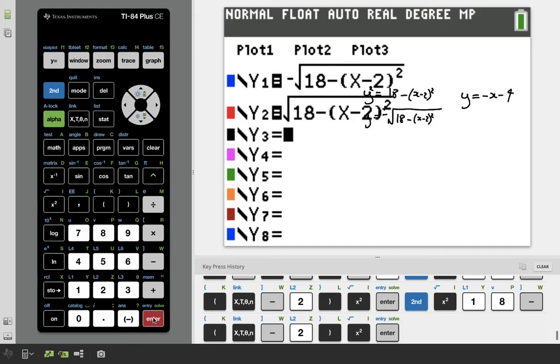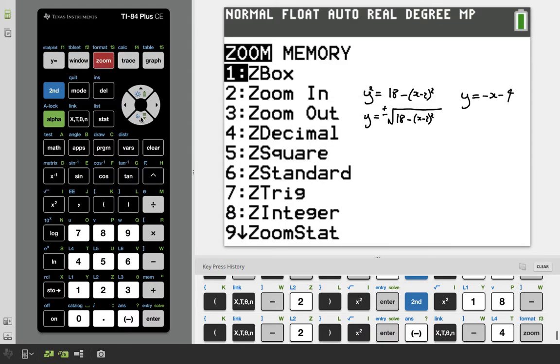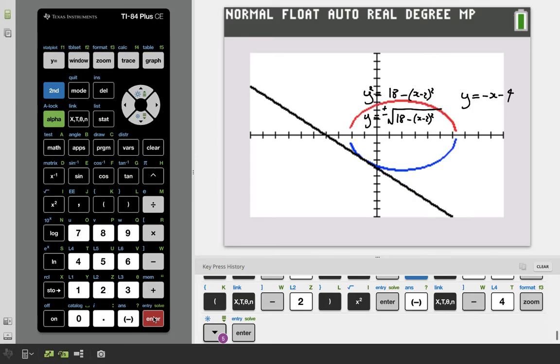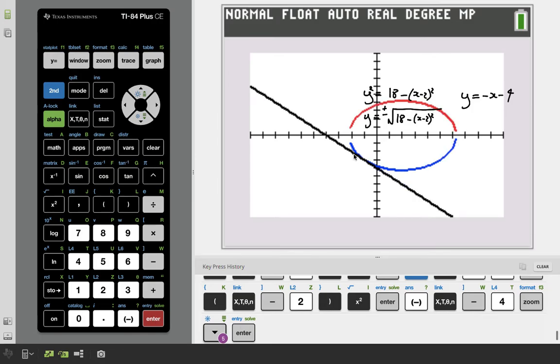Right, so that's my circle done, and then I had a straight line, y equals minus x minus 4. Now viewing window, well, let's just try a standard, see what happens. Yeah, it's tangential. See, this I'm not sure why it won't join up the surds.